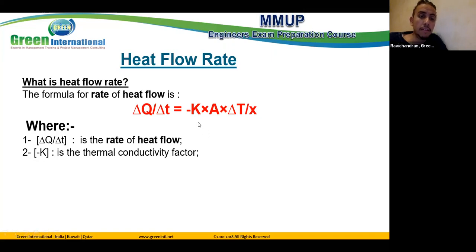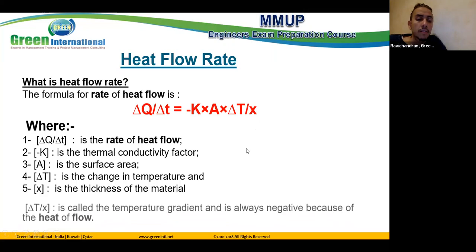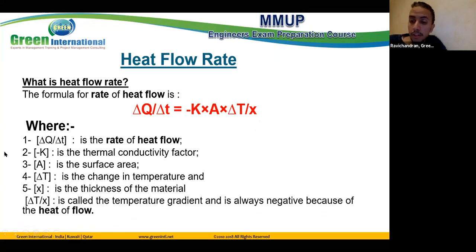K is thermal conductivity, A is area, delta T is difference in temperature, X is thickness. And the important thing here, the last point: delta T by X is called the temperature gradient.